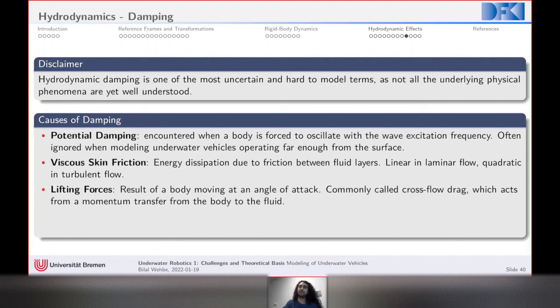We also have lift forces, also known as the Munk moment. Basically, if a body is moving with a certain angle of attack in a fluid, imagine that this is the body here.